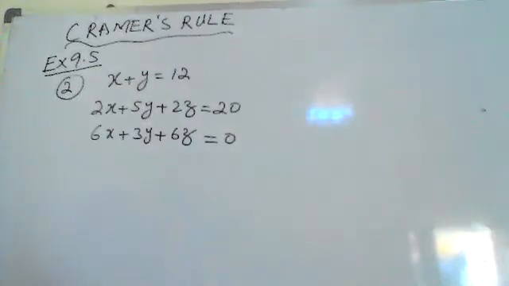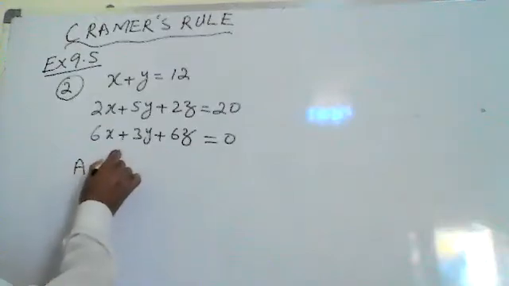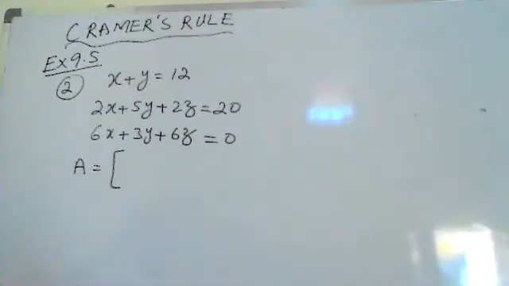We will make a matrix A. Matrix A will be a matrix of the coefficients of the variables. First of all, we will take the coefficients of x.